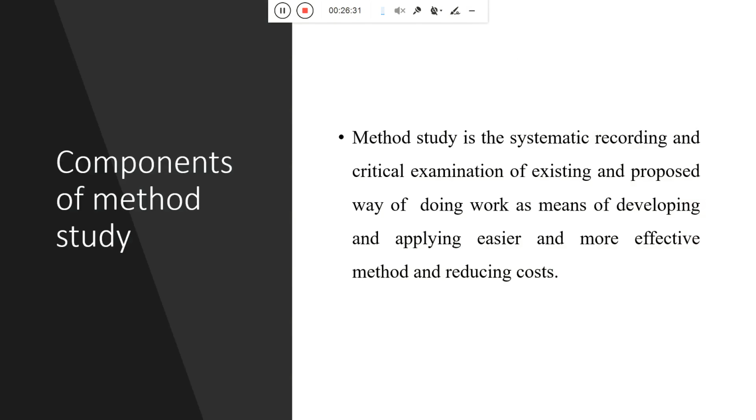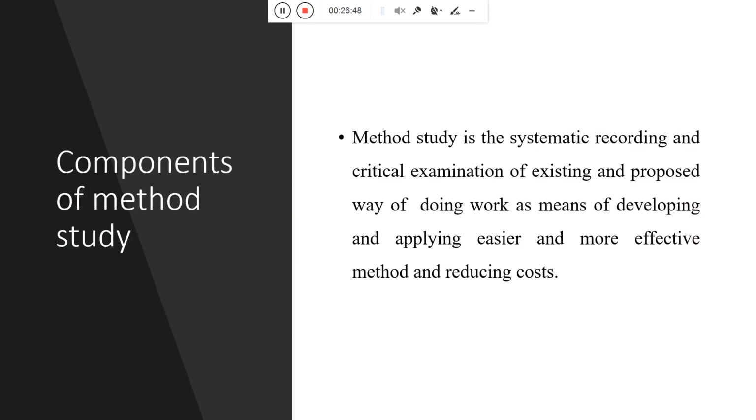The components of the work study, what are the components? There are two things in the work study we just discussed. The first one is the method study and the second one is the time study. Two components are there. So what is the method study and related component?